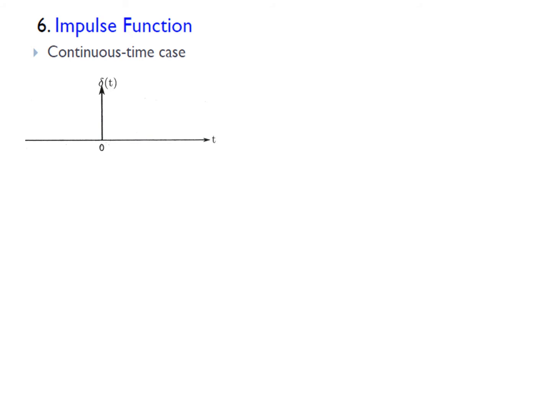This is what you can see on the screen, how an impulsive function is described. The continuous time impulse function is described here. I am describing a continuous time impulse of unit strength, or simply a unit impulse.